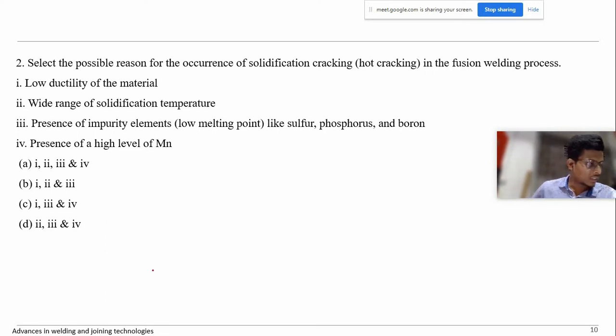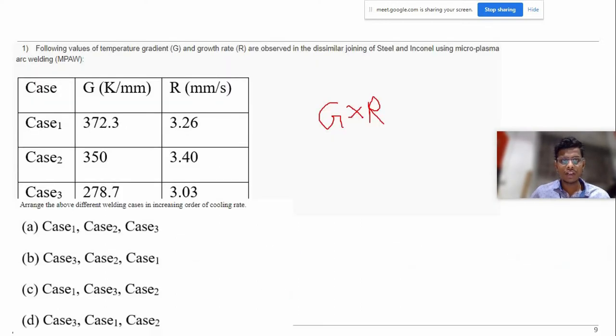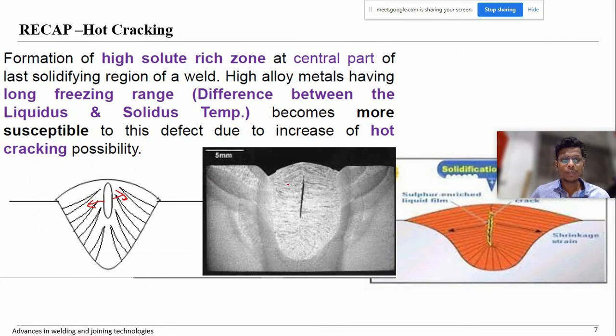I think it's clear. I am going for the next question. Select the possible reason for occurrence of hot cracking in the fusion welding process. Low ductility of the material. Just now when I was explaining, if it is brittle, the cracking will be easy, right?